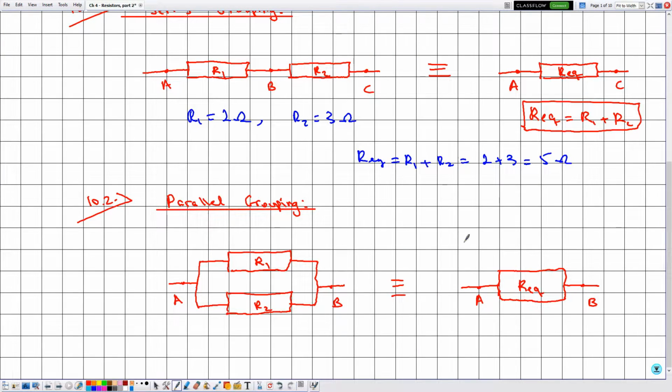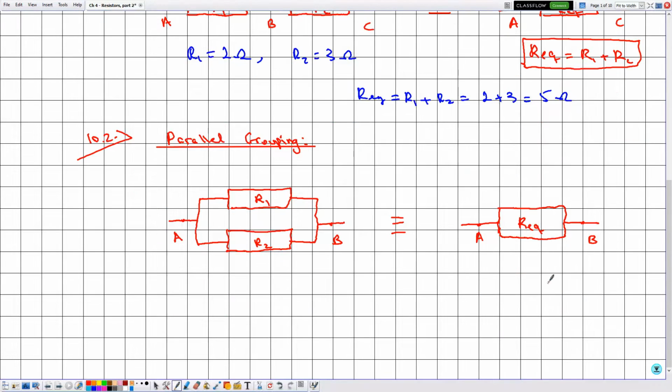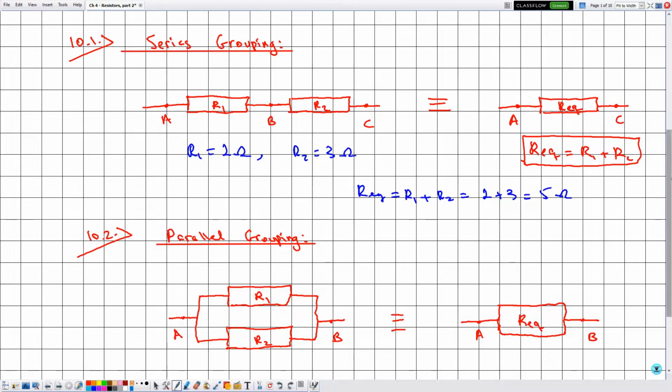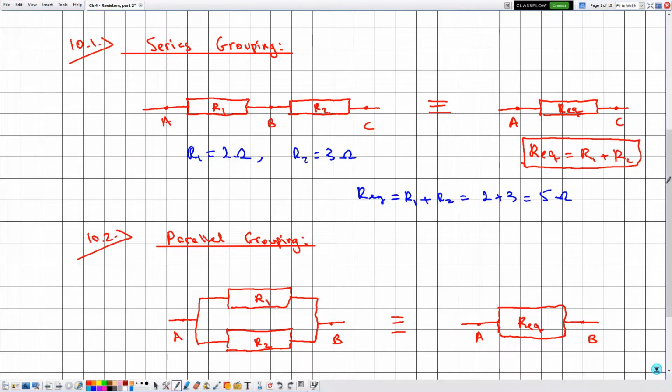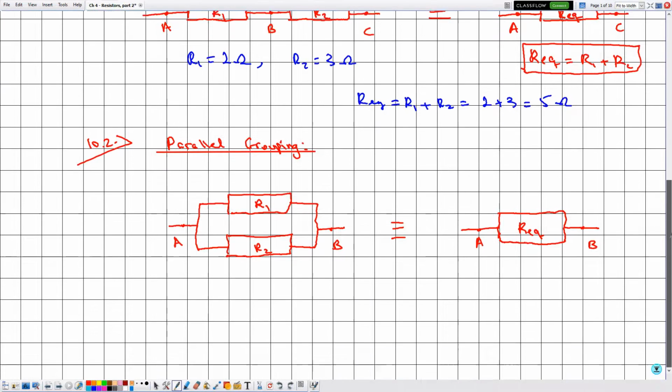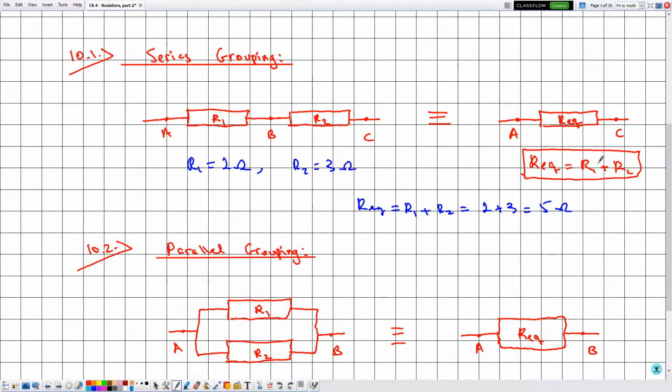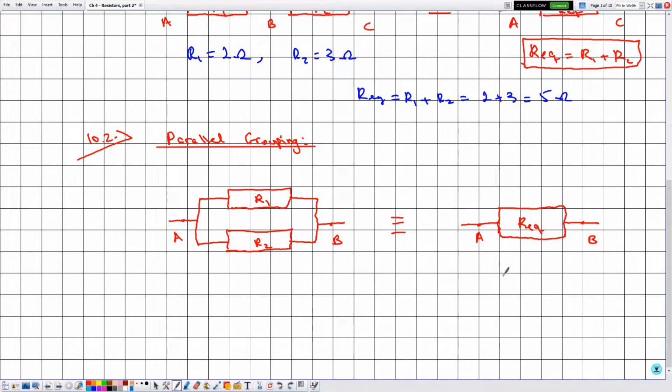But now we need to state the relation between R equivalent, R1 and R2. The formula that I have placed here in the box is what we need to memorize. This is what is for series. The other one is for parallel, which is given by R equivalent is the product of R1 multiplied by R2 divided by R1 plus R2.